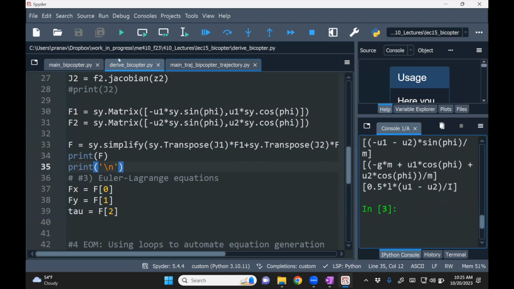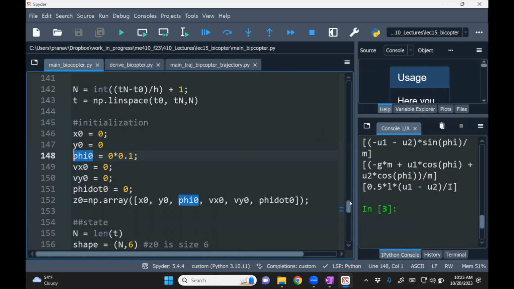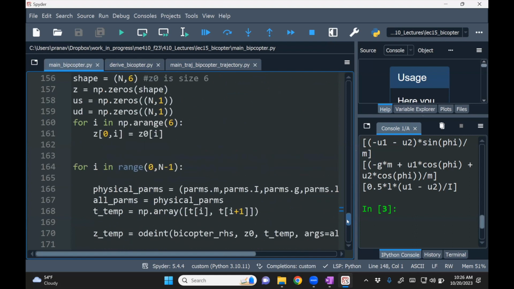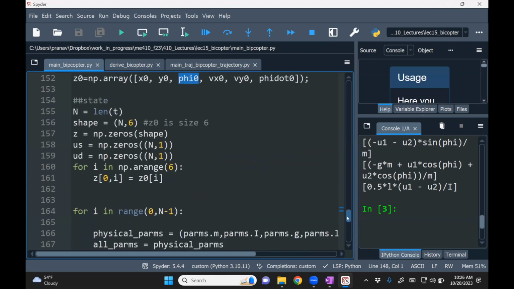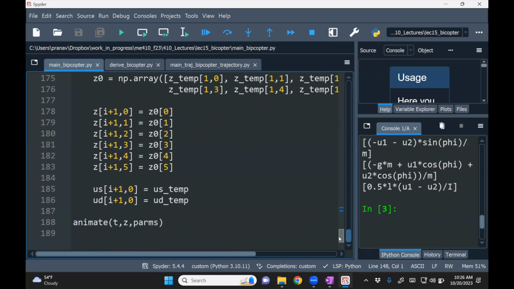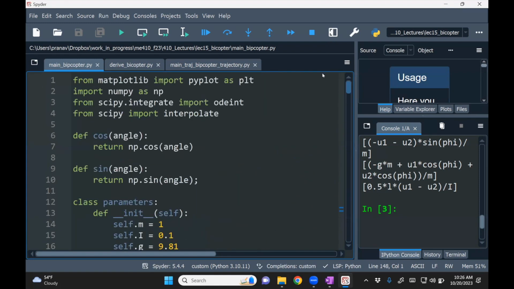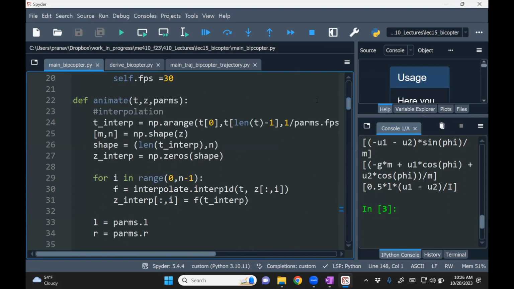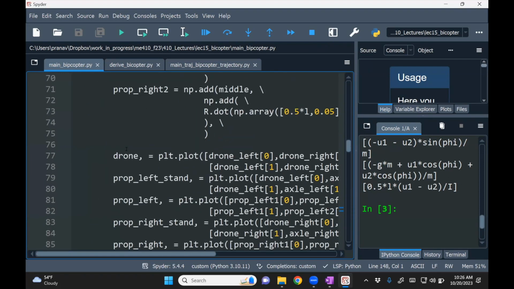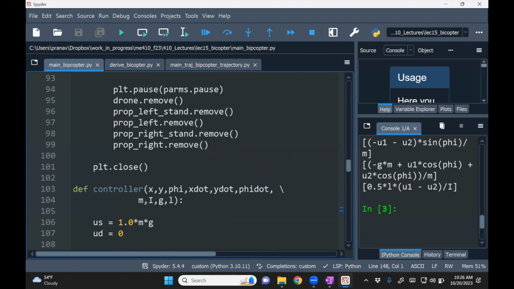So once you get the equations, I have written some code, which is a bit long. I'm just trying to see how big my animation code is. So the animation code starts at 22 and goes all the way to 100.